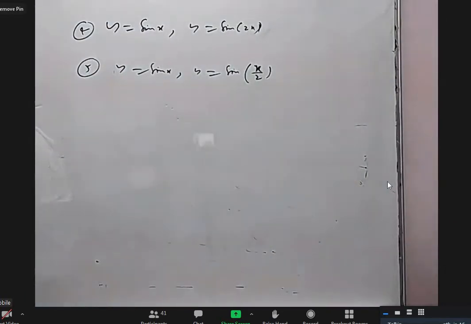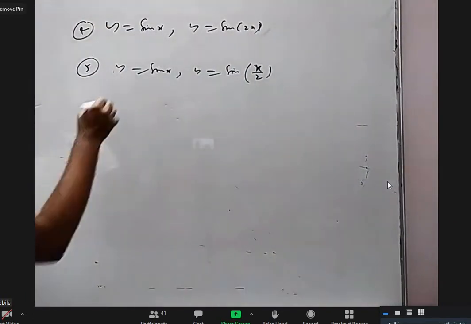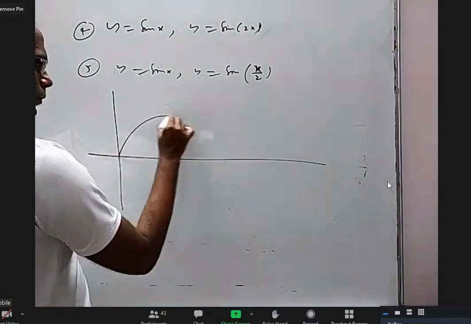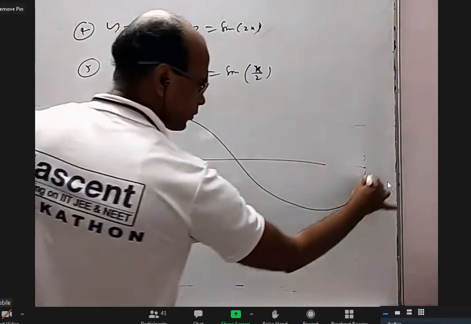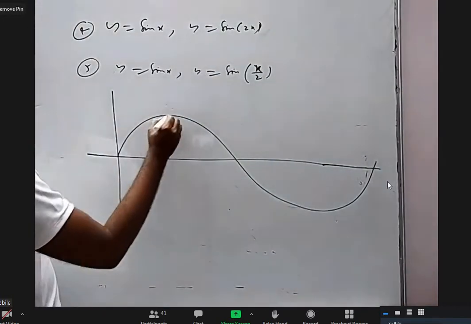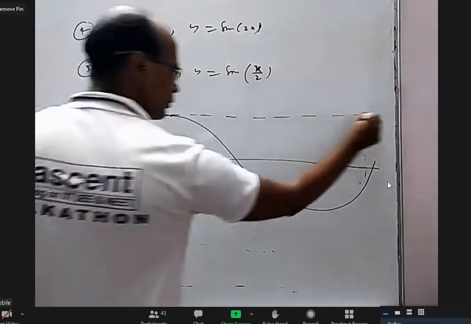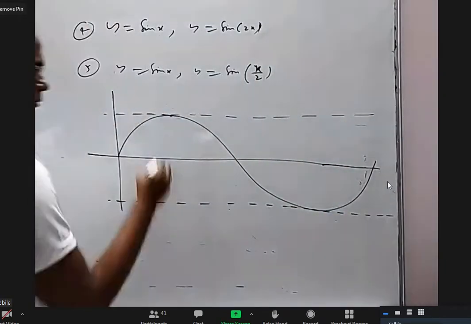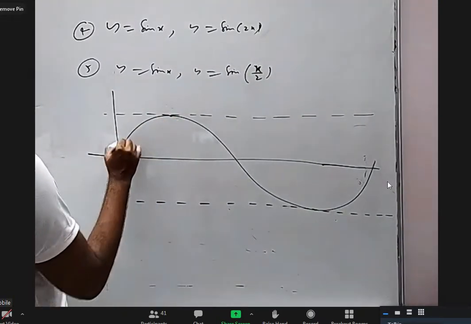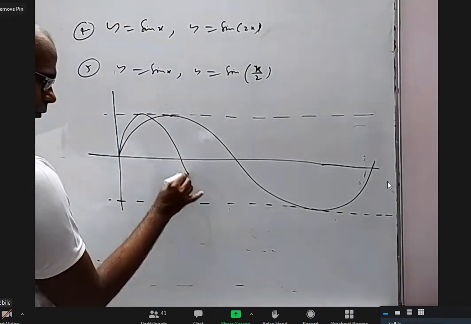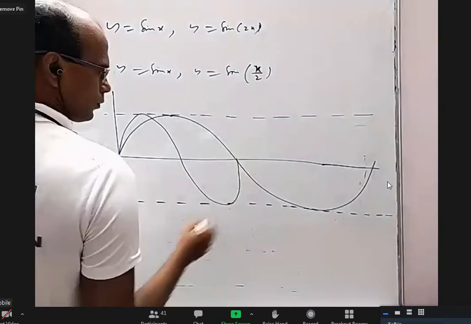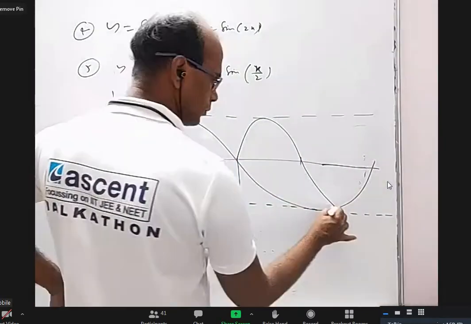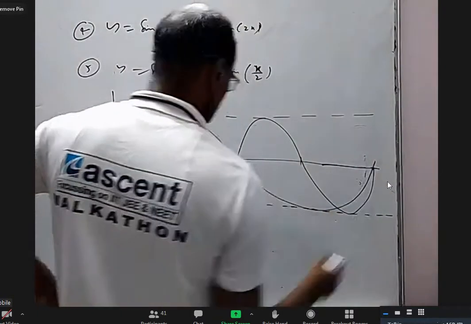Sir, in sin 2x also it will start from 0 only, no, sir? Yeah, starting is same. It will attain maximum value first because we are doubling the angle.